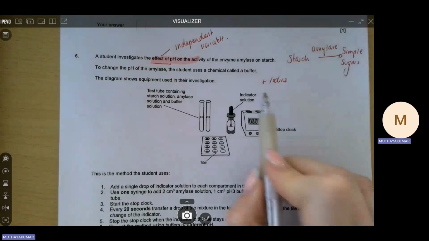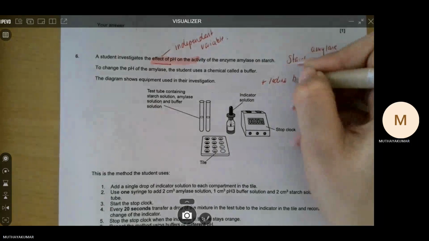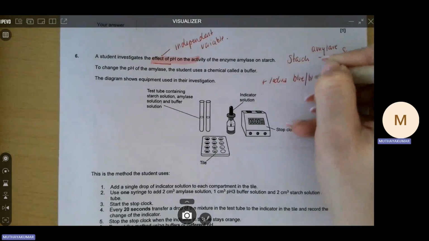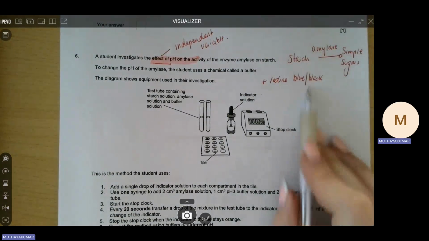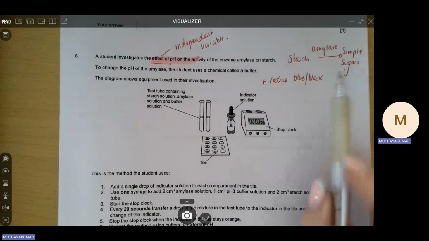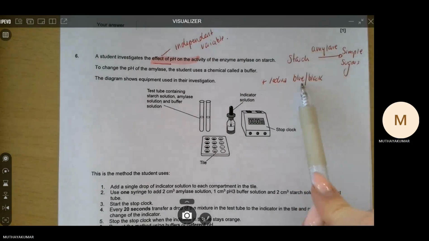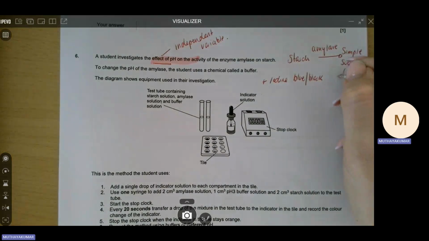So if we add iodine, it turns starch blue-black. All right, so we did this when we did the onion practical. We stained the onion cells and it turned blue-black starch. But when it's simple sugars, so when this starch has been broken down, okay, it's going to remain orange.